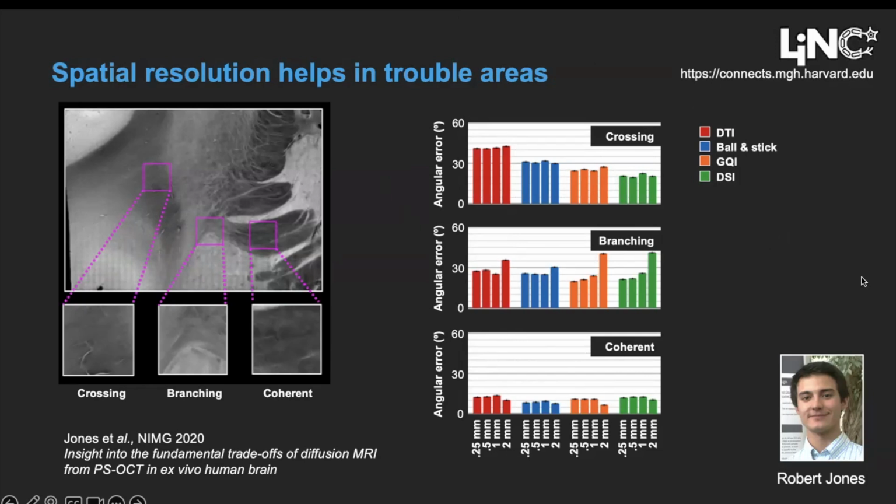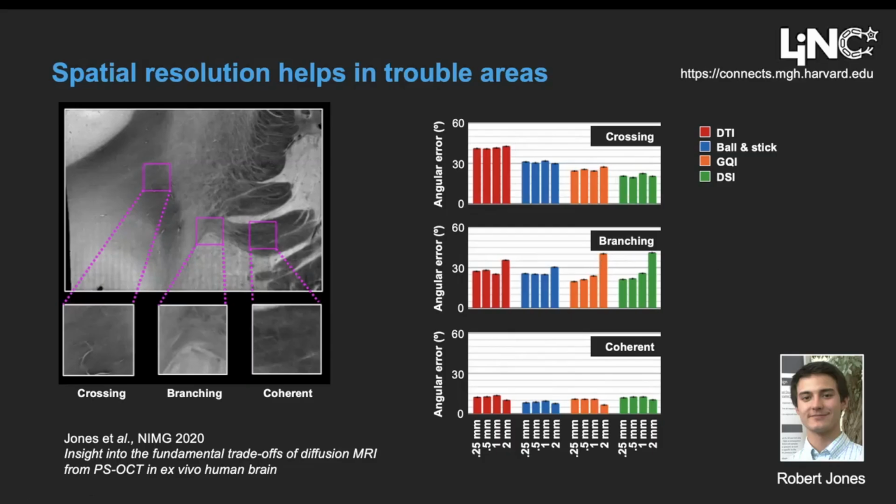So again, he found that the reason that there was a big drop in accuracy as we went from 1 millimeter to 2 millimeter resolution was that these branch points were the ones that were hardest to deal with and caused the most errors, the parts where fibers were branching as opposed to crossing when we went to the lowest spatial resolution.